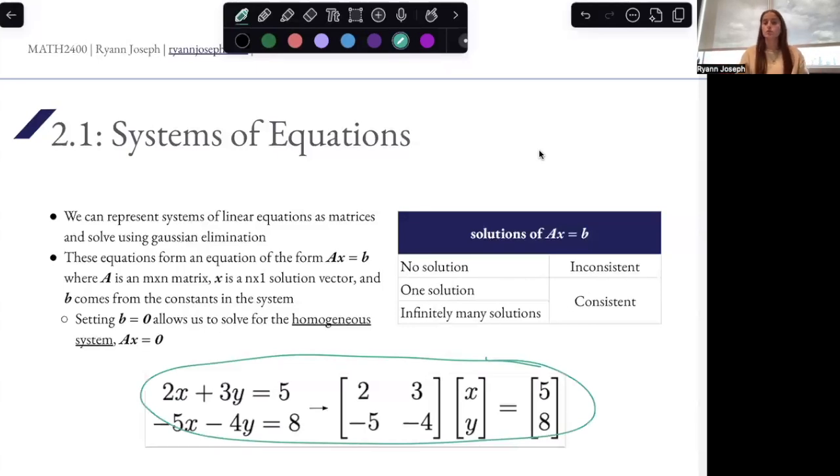In this class, we usually use x, y, z, or x1, x2, x3. And we can combine x, y, and z's, or x1s, x2s, x3s with addition and subtraction, and then with some numbers. So in this case, 2 and 3 are our coefficients, and then the x and the y terms are being added.